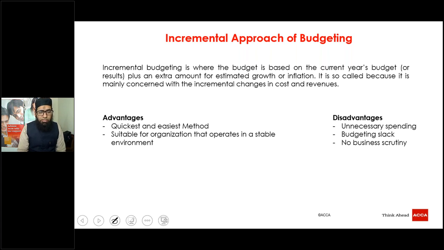There are a few advantages and disadvantages which are very easy. So please read these advantages and disadvantages.